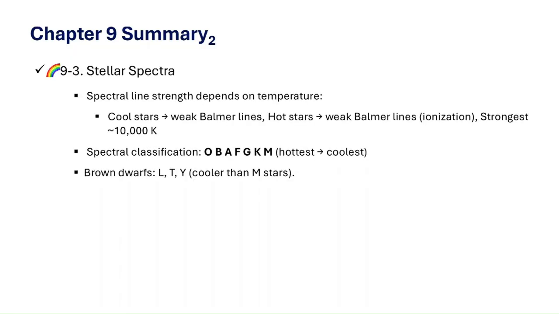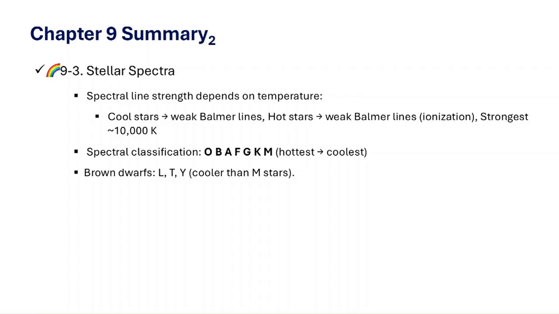Alright, next let's review stellar spectra. Now the absorption lines in a star's spectrum tell us a lot about its temperature. In cold stars, the hydrogen lines are weak because the atoms are not excited. But in very hot stars, the lines are also weak because the atoms are ionized.